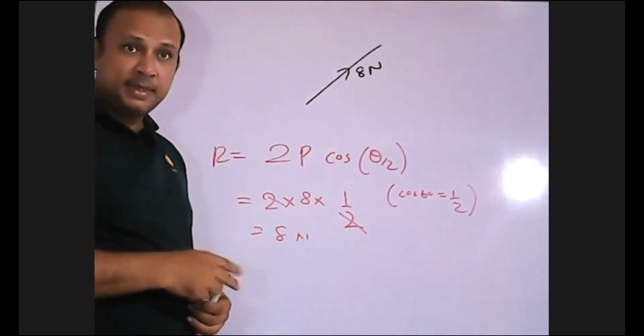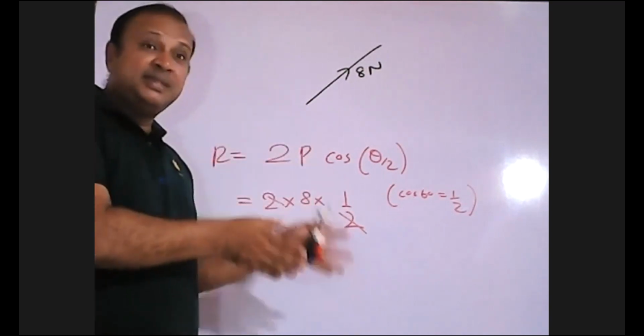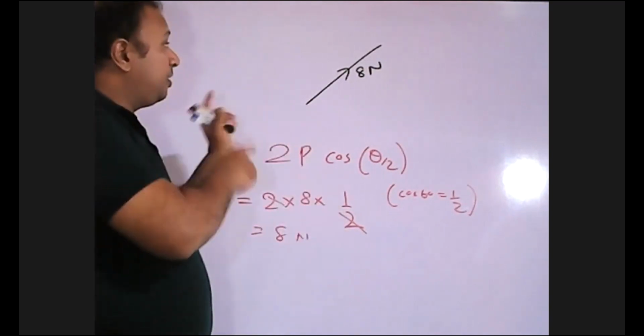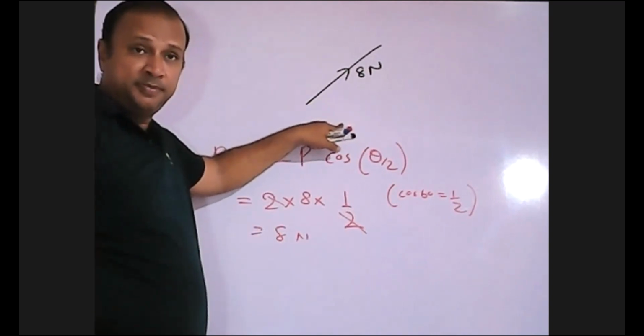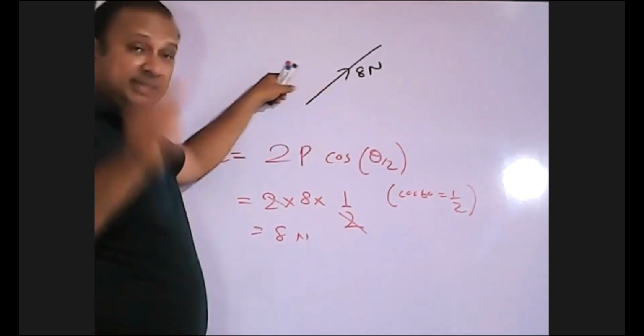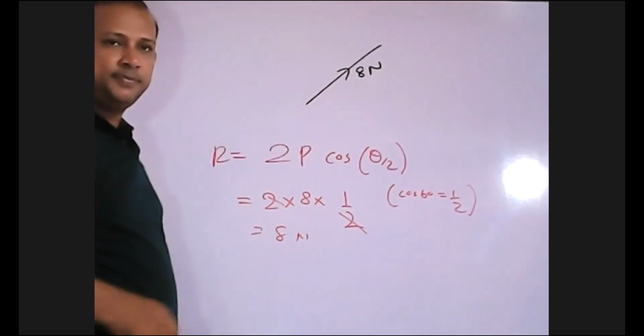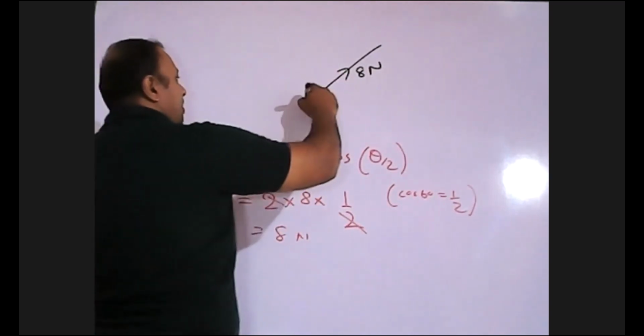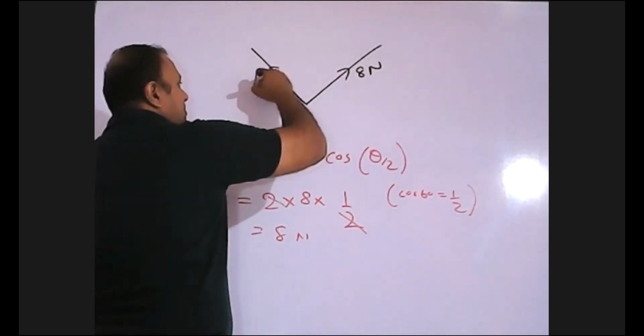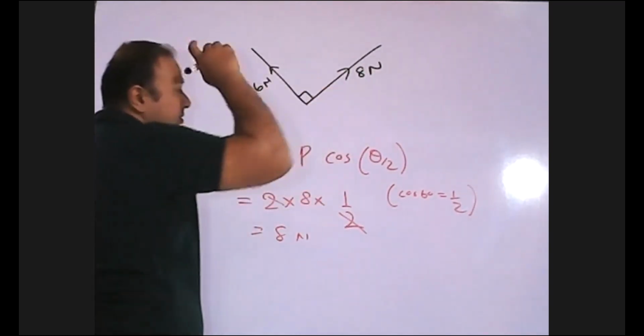Now it says the third force, that means 6 Newton, is perpendicular to the resultant of the first two. That means the 6 Newton should be perpendicular to this 8 Newton force.